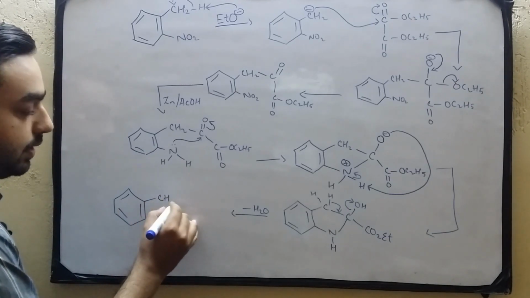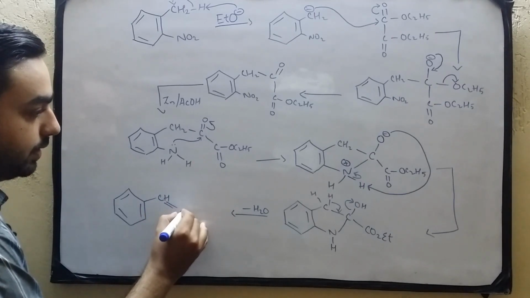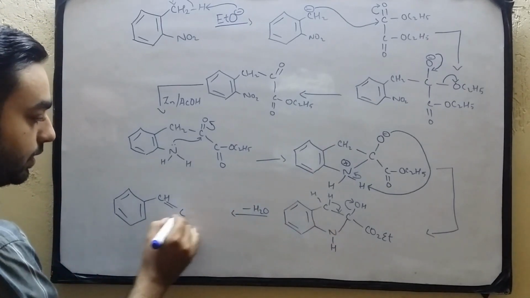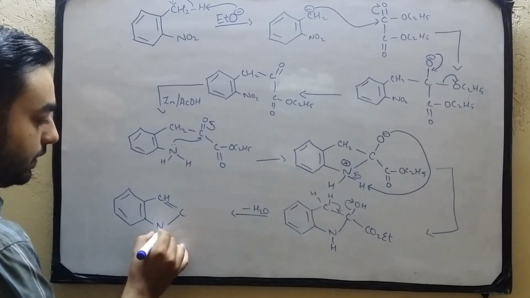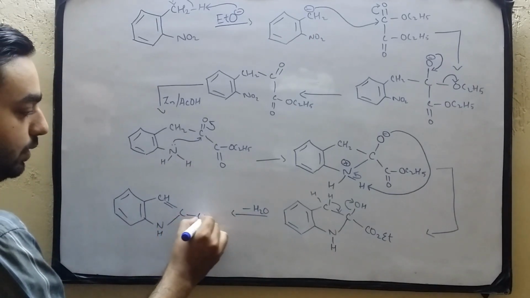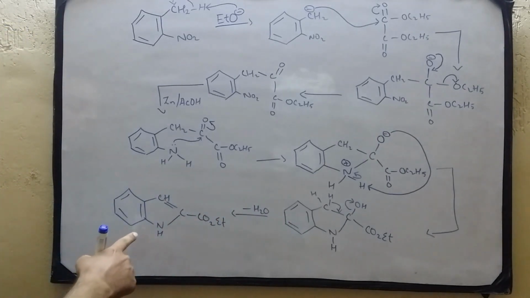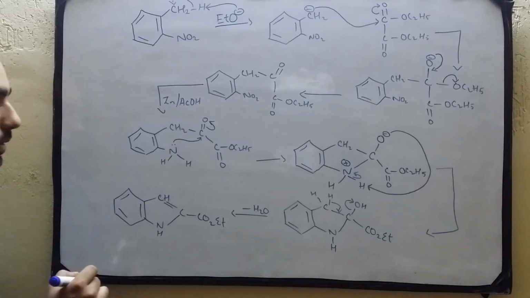CH double bond C, and here nitrogen having one hydrogen, and this CO2 ethyl. So you can see that our substituted indole has been obtained.